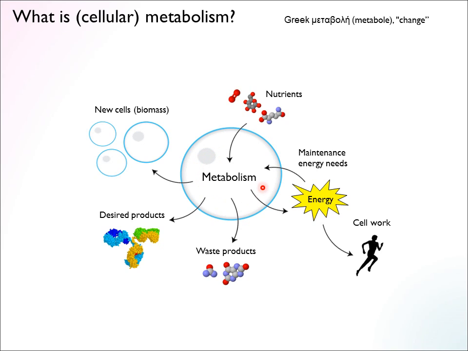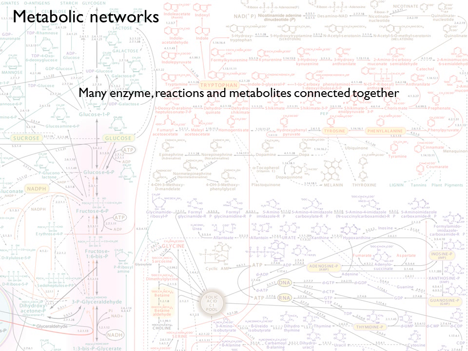And of course we'll be looking at the inside here, the box that does all of this. And this is very complex, and this is largely why metabolism can be difficult. So you've all seen these wall charts, these large posters with thousands of things on them, and there are enzymatic reactions going in all directions, and it can be very overwhelming.